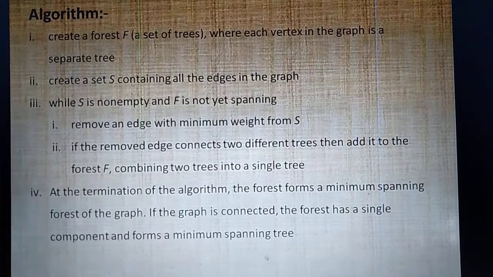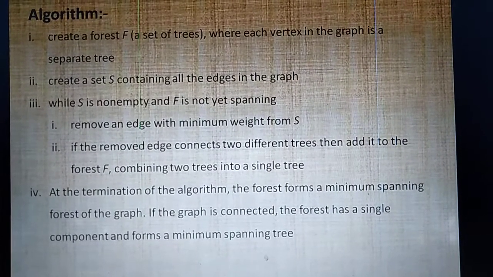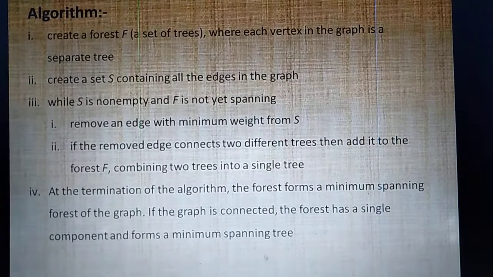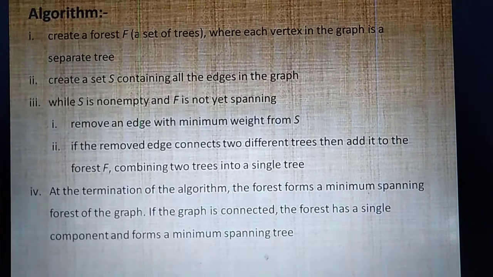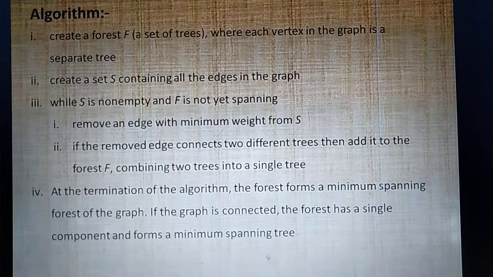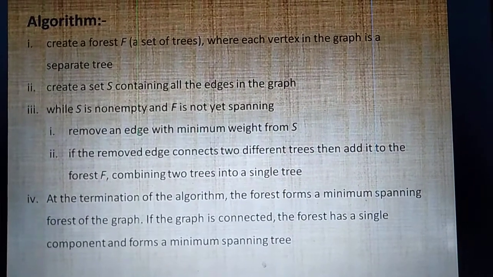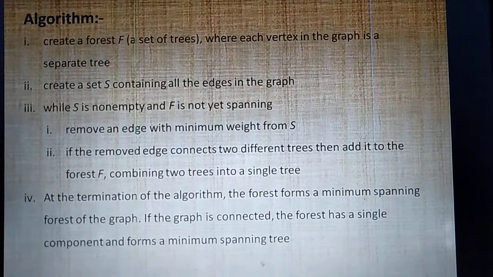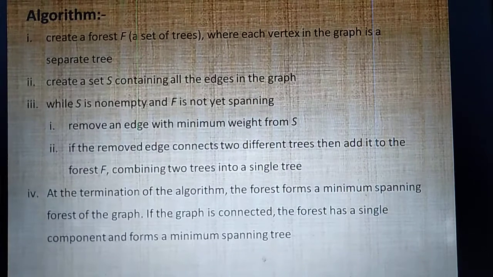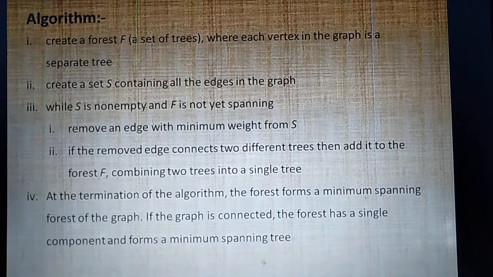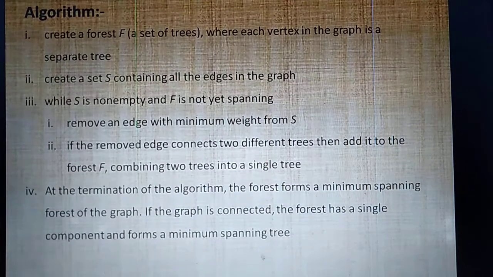If the removed edge connects two different trees, then add it to the forest F, combining two trees into a single tree. So if you are removing any edge from set S, and if that edge connects two different trees, then add it to the forest.